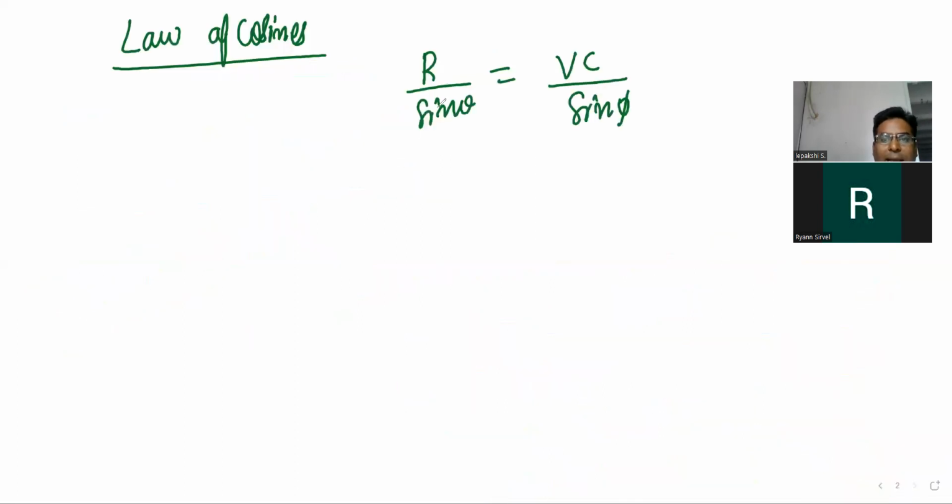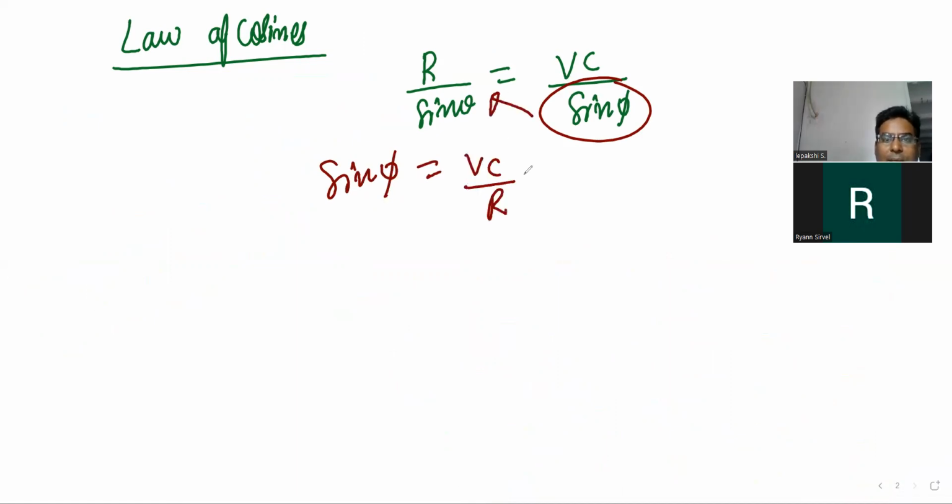So that rule I am applying here. Now put the value. We have to find sine phi. So sine phi equals VC upon R into sine of theta.